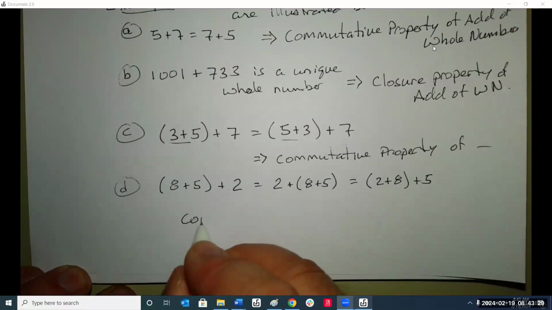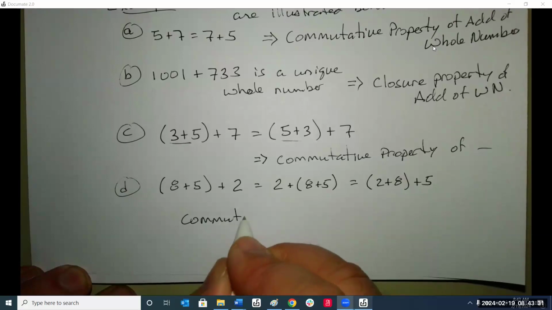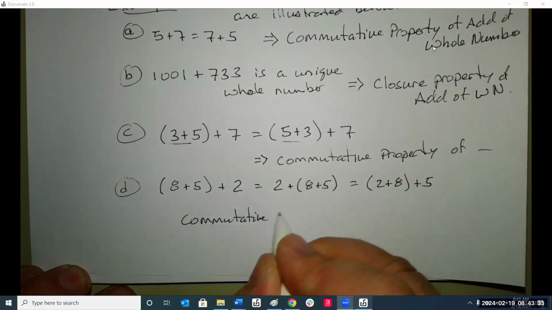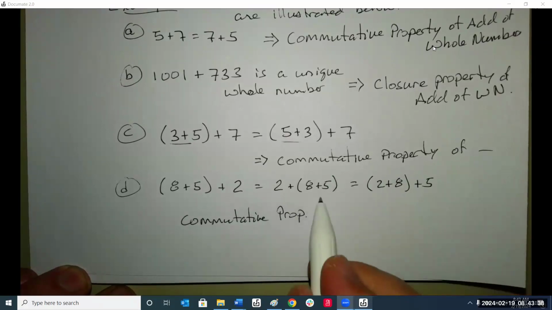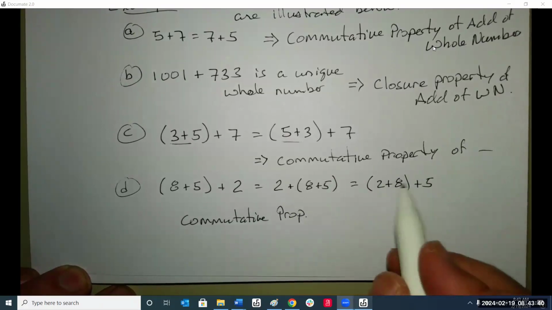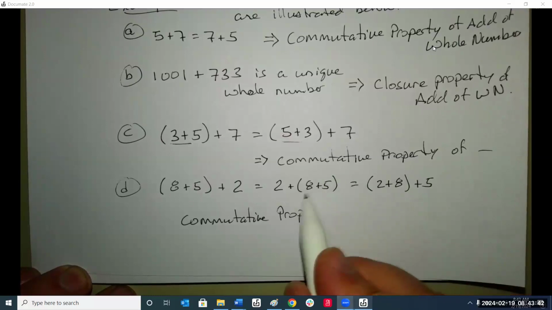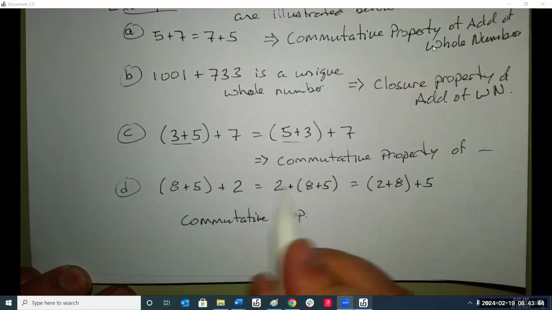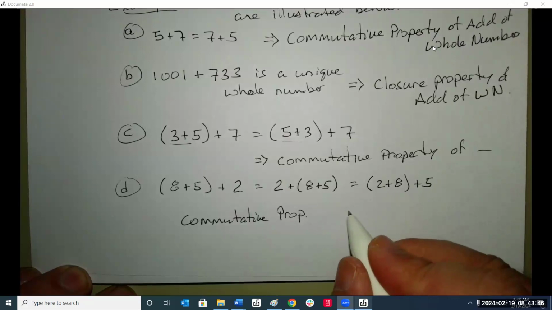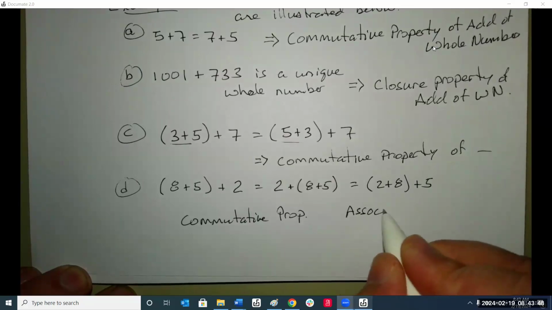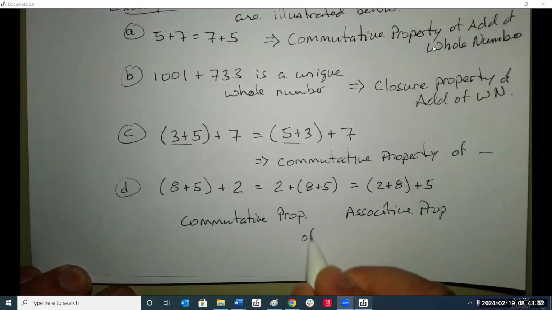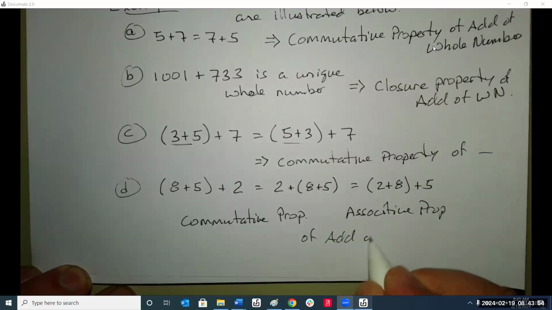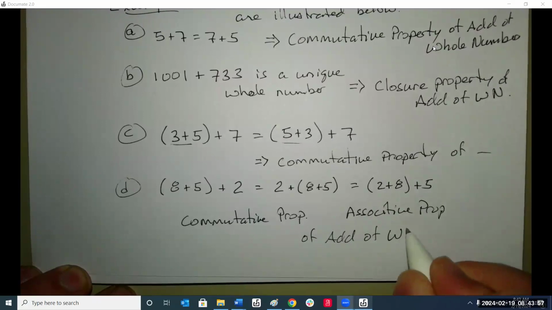So this is the commutative. Then in this one, I switched the parentheses. I switched from 8 plus 5 to 8 plus 2. So this is the associative property of addition of whole numbers.